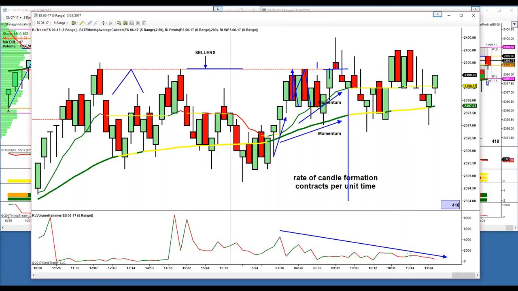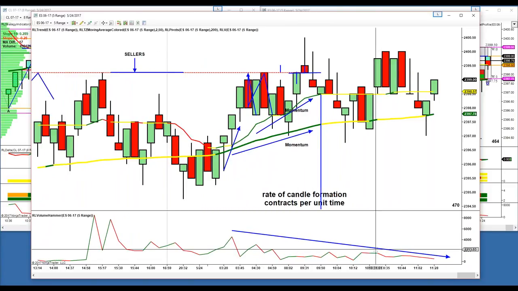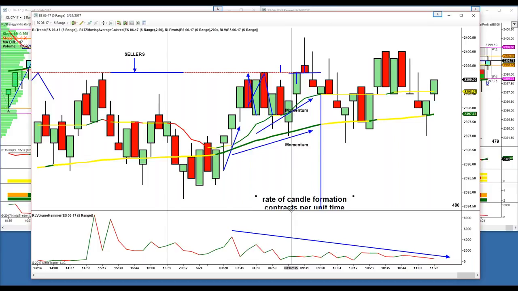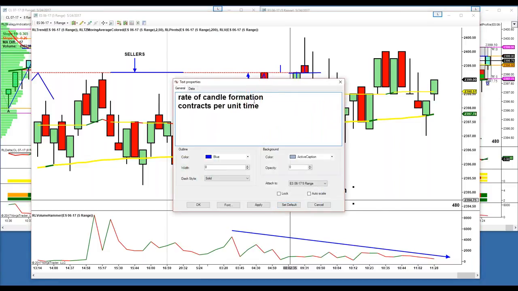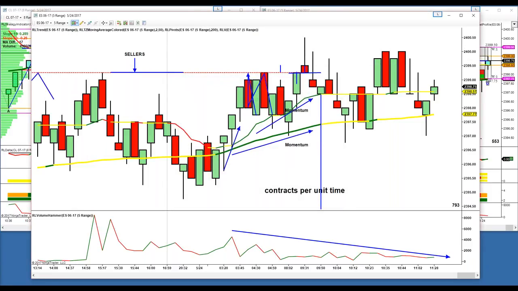As you can see, this is very, very poor volume today. That's why we didn't get an E-mini trade. And this, I believe, is the only accurate way of assessing volume, because this takes out the rate of candle formation and only assesses volume the way it should be assessed, in contracts, lots, or shares per unit time.